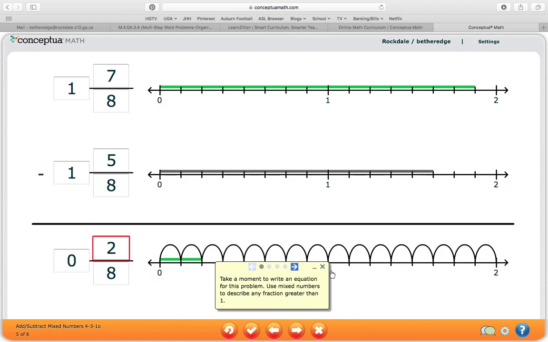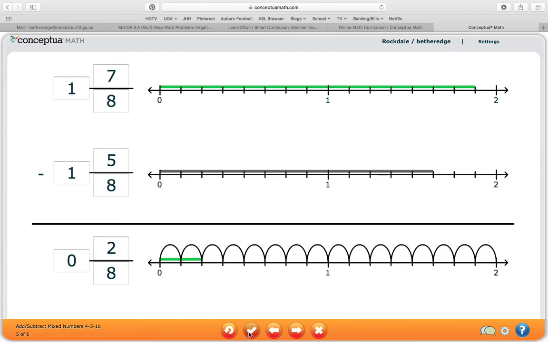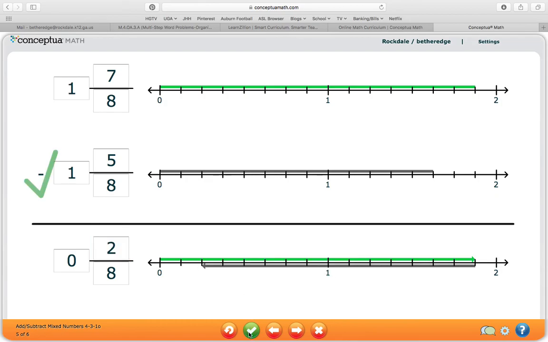And does that match my model? Looks like it matches our model. Let's check. That is correct. I like how they're showing you, if you count up in the green going this way, they're showing you an arrow, and then count back going in the gray, how many are left over. Kind of another way to look at that.